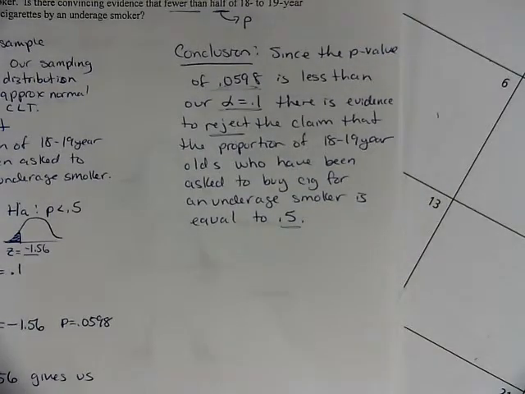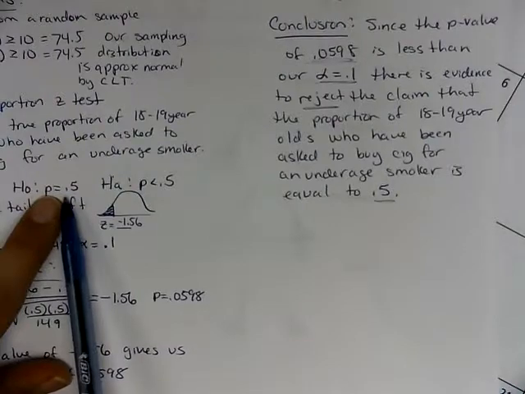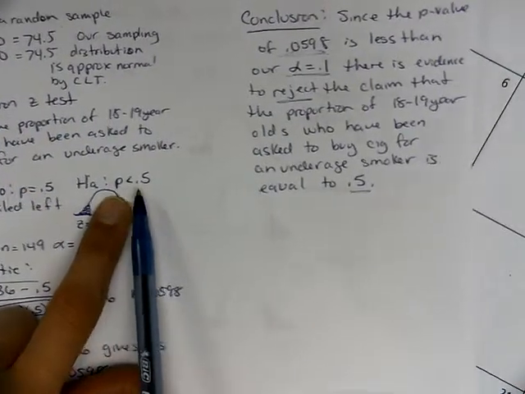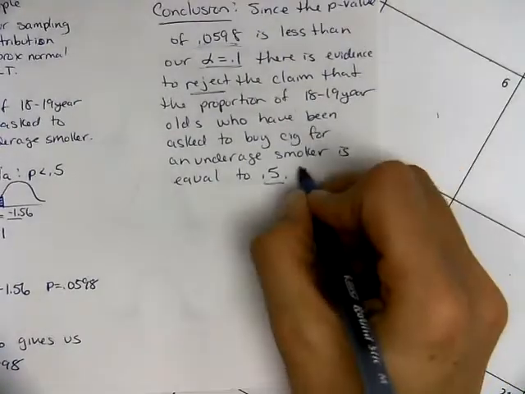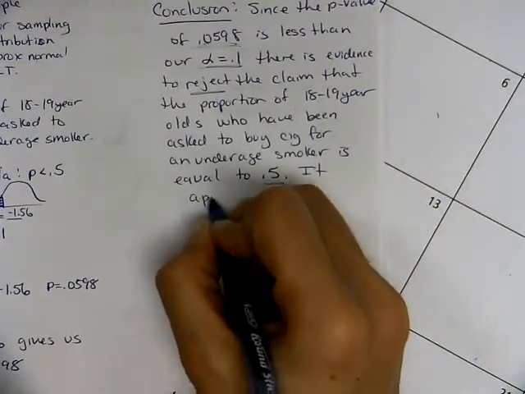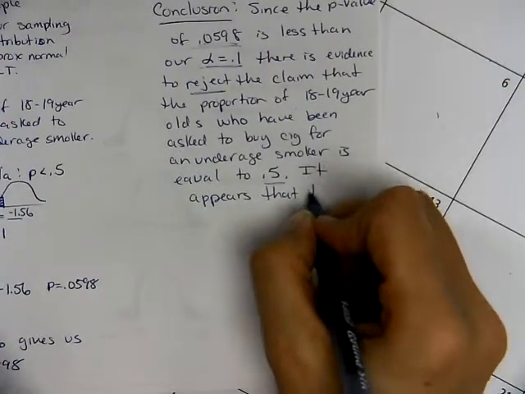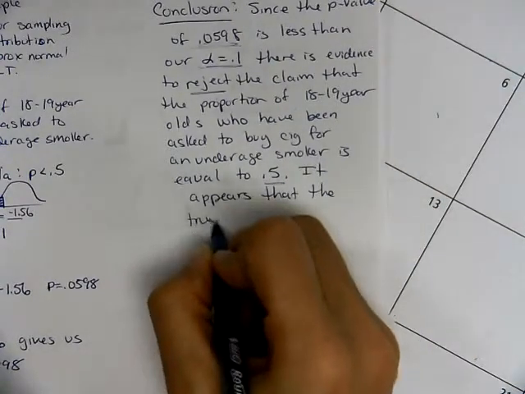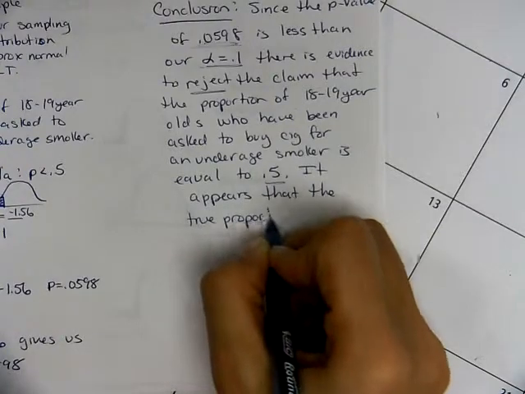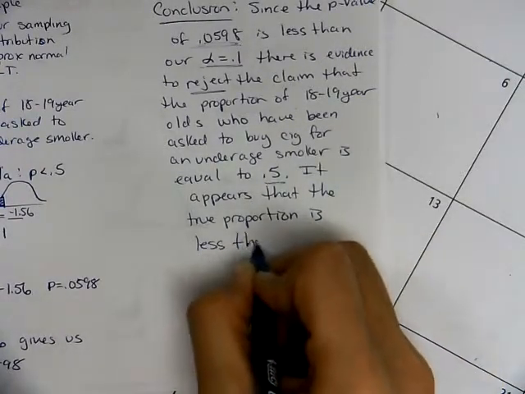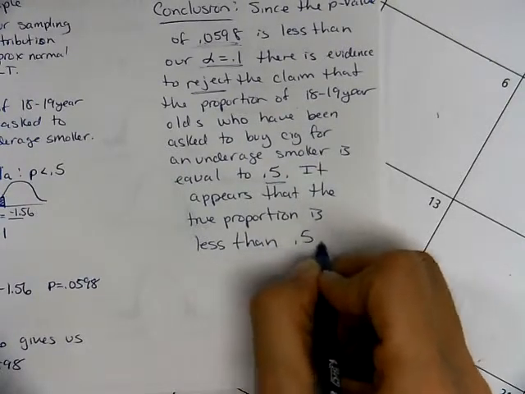Now the second sentence is, okay, so we rejected p equal 0.5, so now we're going with p is less than 0.5. So what does it actually mean? It appears that the true proportion is less than 0.5.